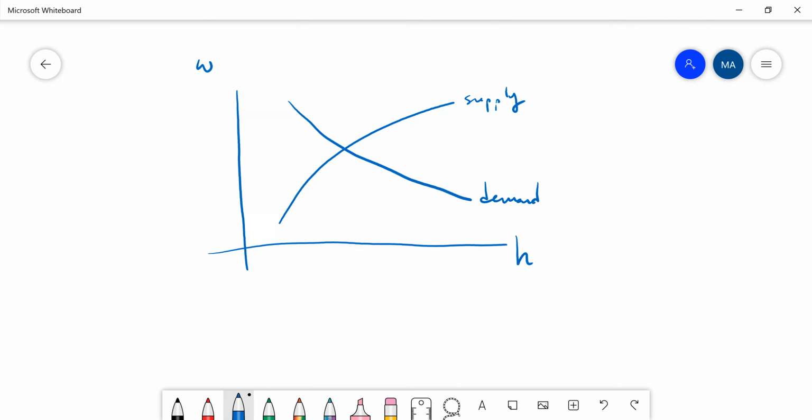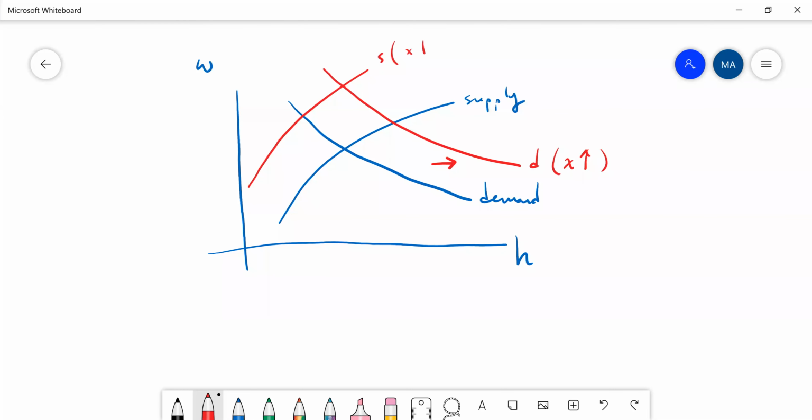If X is larger, if productivity is larger, you have a shifting demand. Demand with larger productivity, and this is supply with larger productivity.